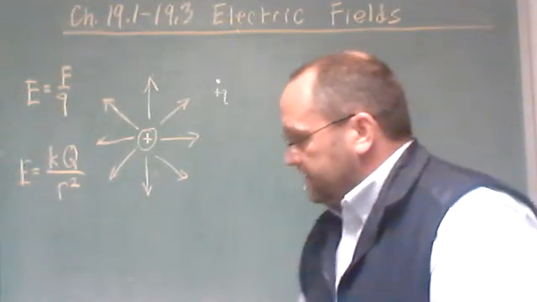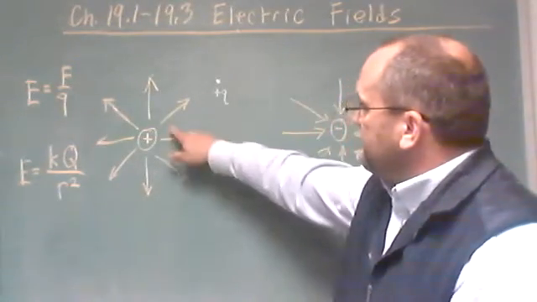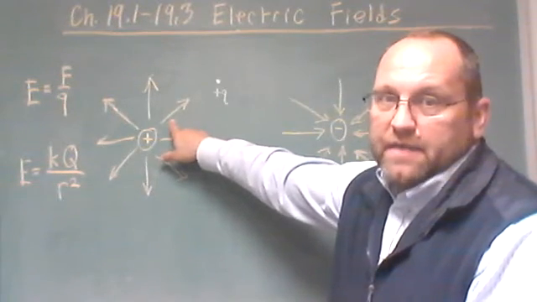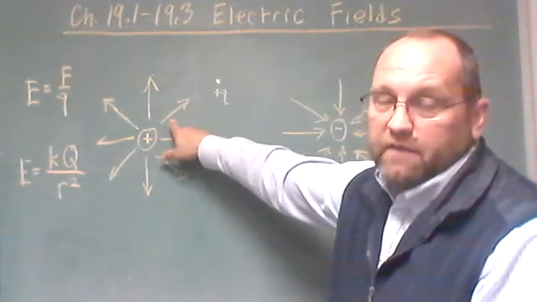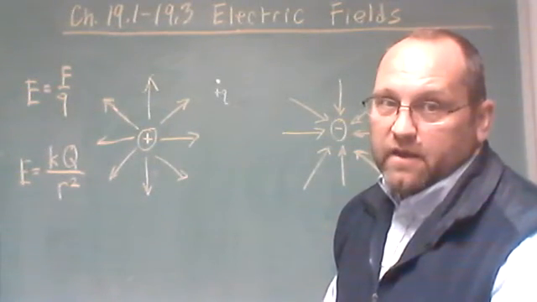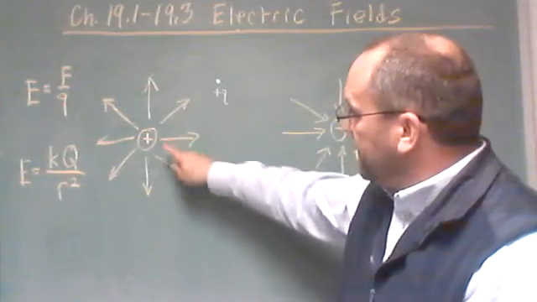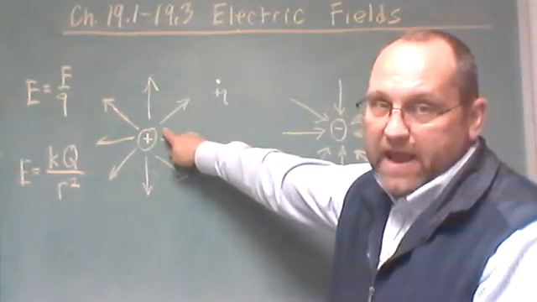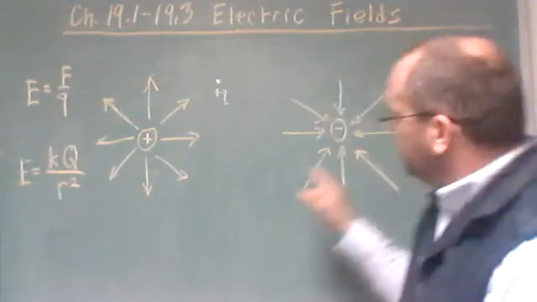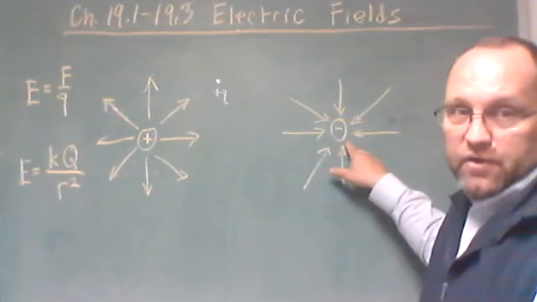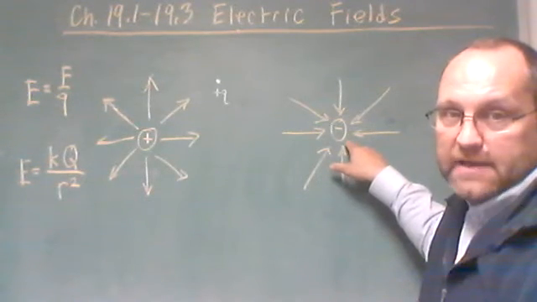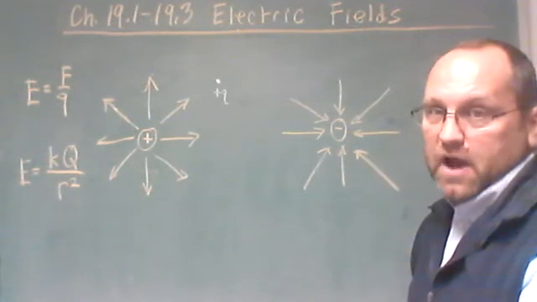Electric field lines, what is it? They express in vector form the direction of the electric force, either toward or away from a charged object. And we say the convention is we draw them away from a positively charged object. We draw the electric field lines toward, they terminate at, a negatively charged object.